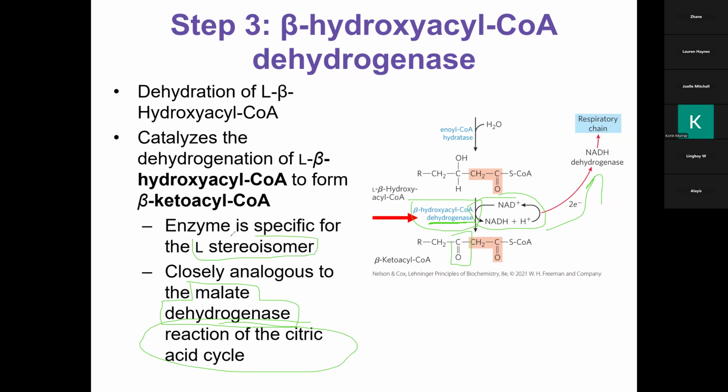And just like that, it's specific for the L stereoisomer, because you started out with the trans double bond, which when hydrated is going to generate the L form of the fatty acid. So only the L form gets oxidized to the carbonyl, reducing NAD to NADH, creating a keto acyl group, because this is now a ketone.